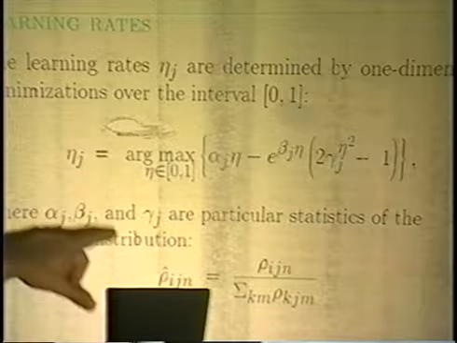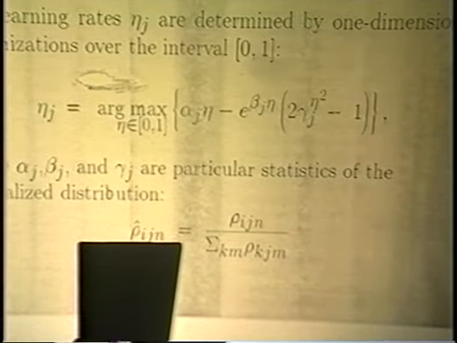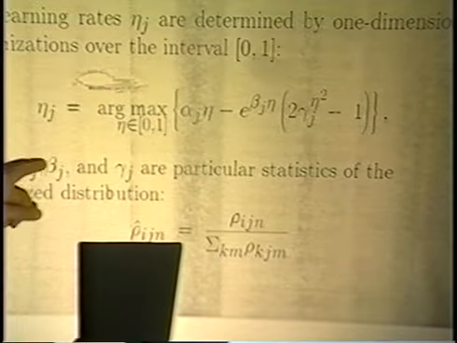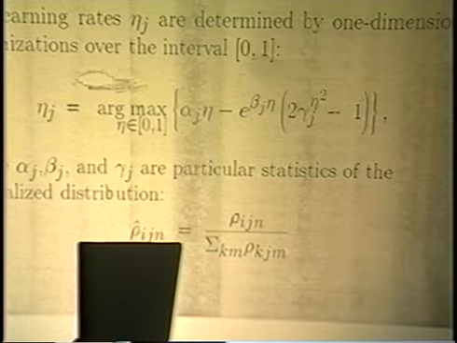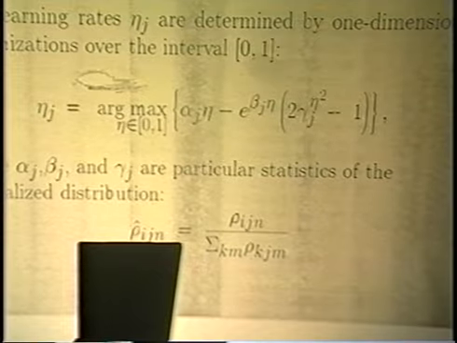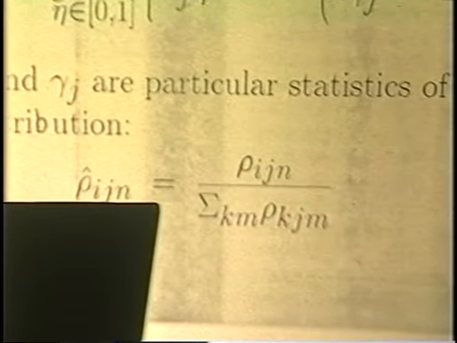For every basis function, let me compute this distribution and call it rho hat. Then alpha j, beta j, and gamma j are just statistics of that distribution. I only have to loop over the data set one time to compute each of those statistics, and some of them can be computed in the same loop.